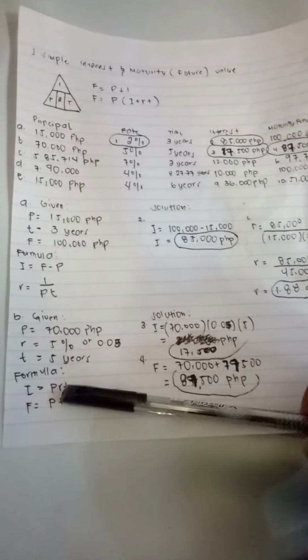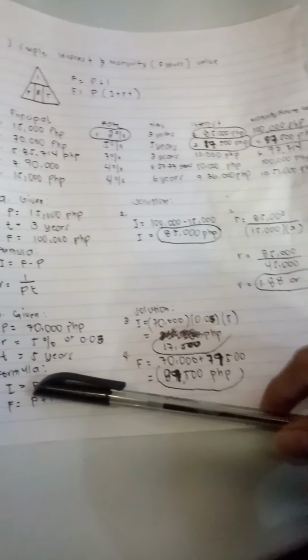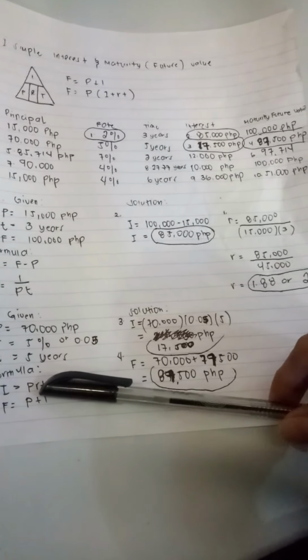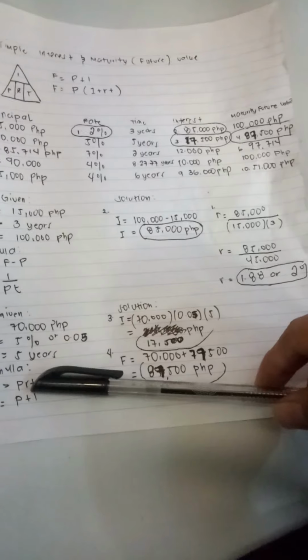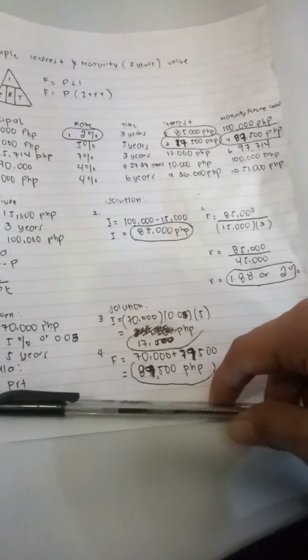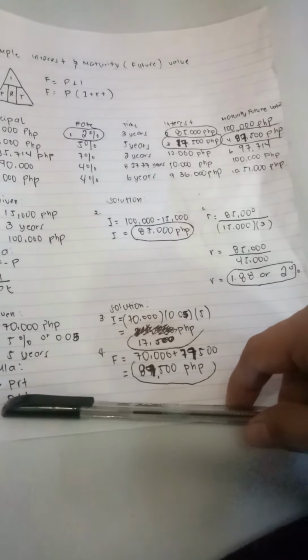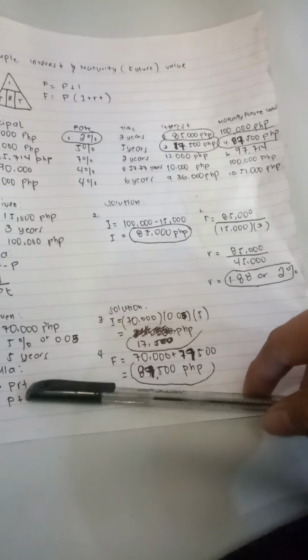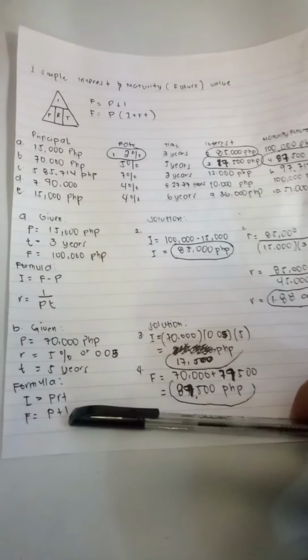For the formula of interest equals to principal times rate times time. For the maturity future value equals to principal plus interest.